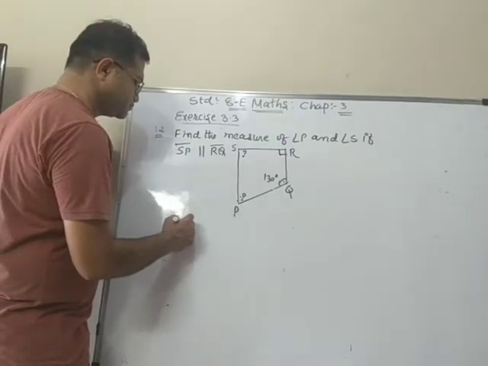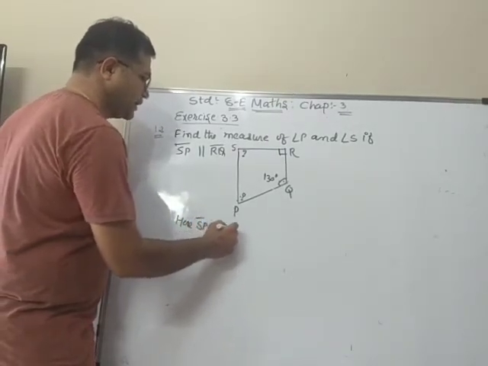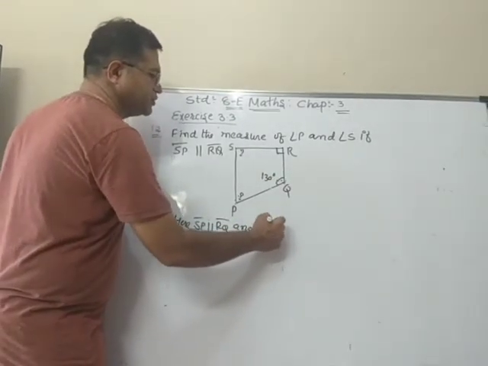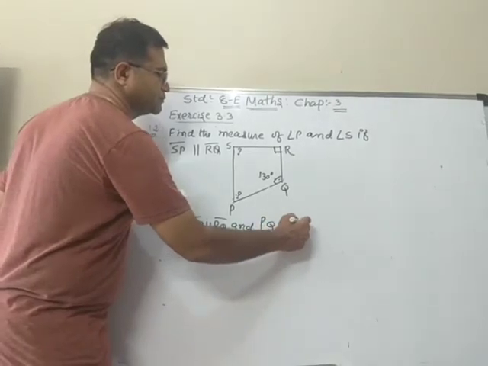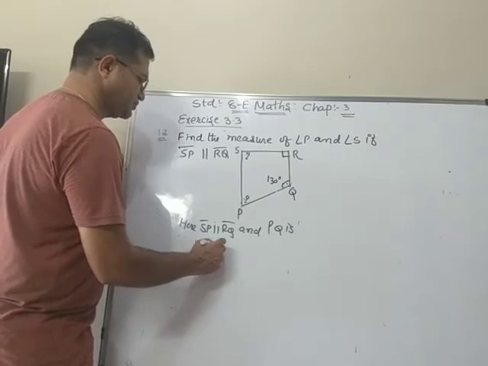So here SP is parallel to RQ and PQ is transversal.